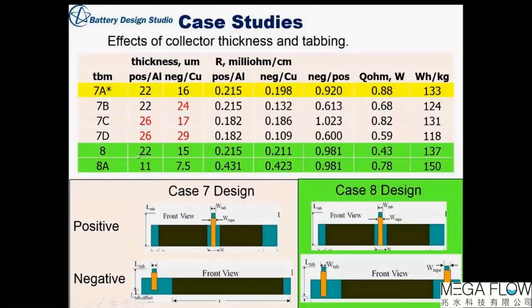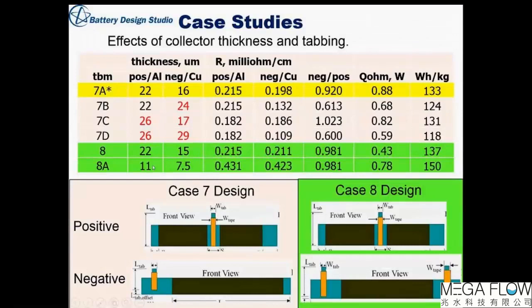So as our first step, we're going to use our same current collector thicknesses, or very close to the same, and we see that by doing that, we cut our ohmic losses in half immediately by using the second tab on the negative electrode. And our energy density actually increases slightly. So we halve the ohmic losses, and we increase our energy density by adding the second tab.